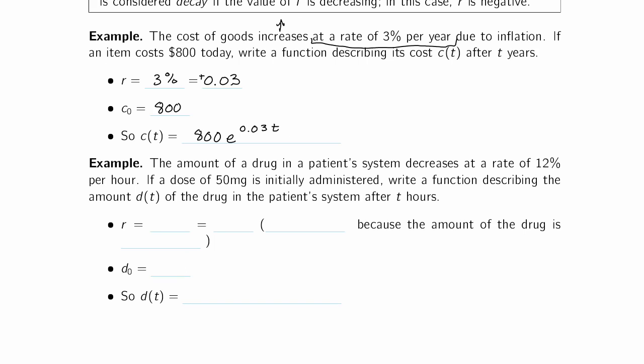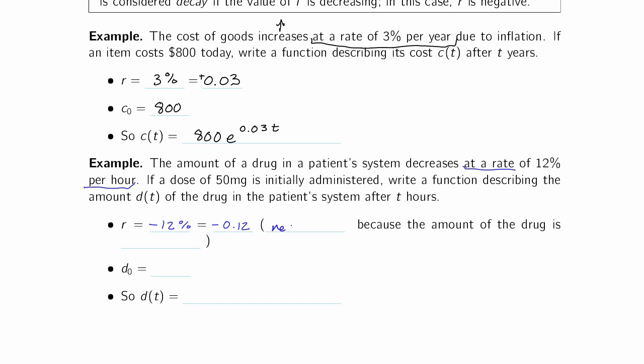Now let's see an example where the amount of something is decreasing. In this example, the amount of a drug in a patient's system decreases at a rate of 12% per hour. So, at a rate of per hour, we have that very specific phrasing here. Our rate is negative 12%, which is negative 0.12.